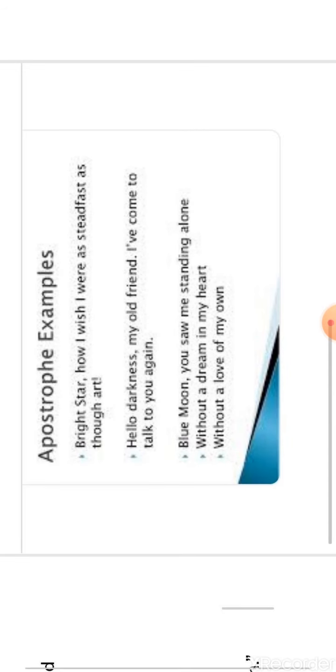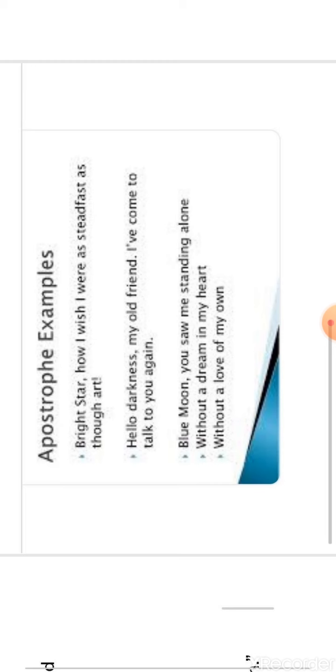For example I say, O rose, how sweet you smell and how bright you look. So here we are directly addressing. Here we are not giving human quality, हम डायरेक्टली उससे बात कर रहे हैं कि O rose, you are so sweet smelling, and you look so bright also.